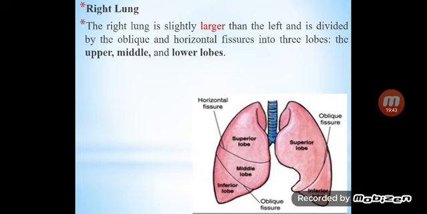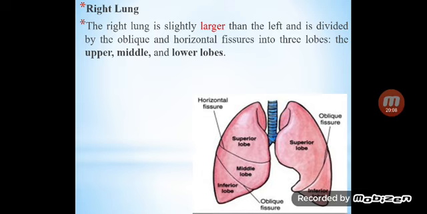So this is the extension of the oblique fissure. This is very important. It runs from the inferior border upward and backward, crossing the medial and costal surfaces, and ends by cutting the posterior border about 2.5 inch below the apex.